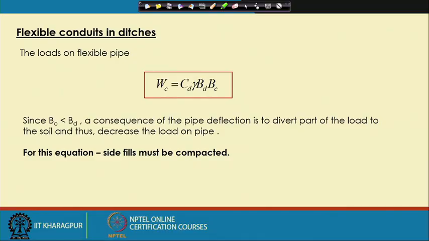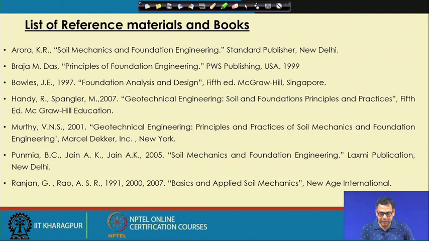Before I end this course, I am giving the references or the books from where I have taken the materials. I have given the references in each and every slide and lecture where I have taken the materials. So these are the books, and I have used them for the materials. In addition, I have taken photographs and given the source information below every photograph.